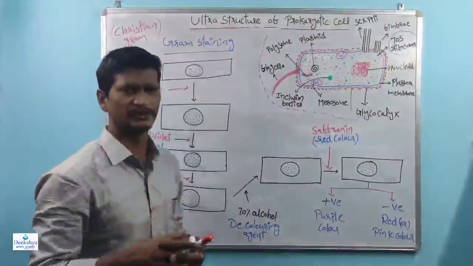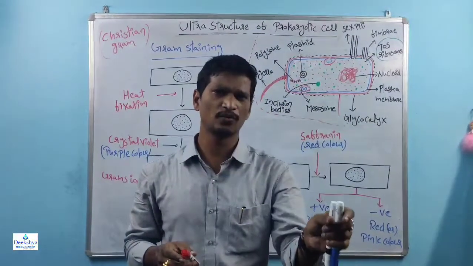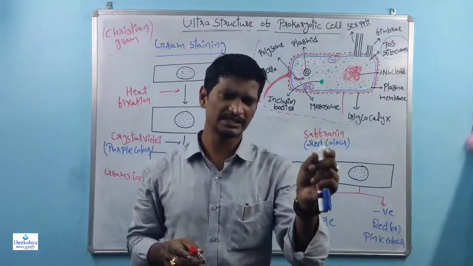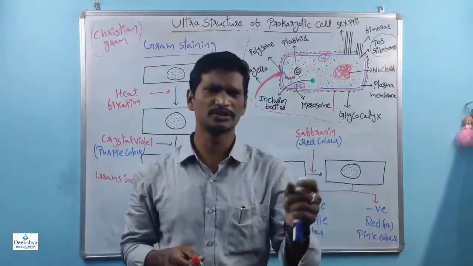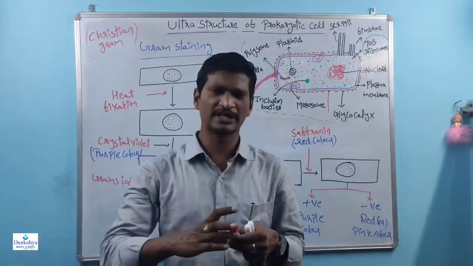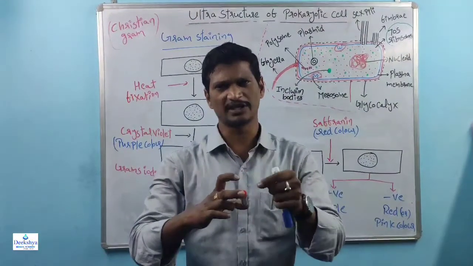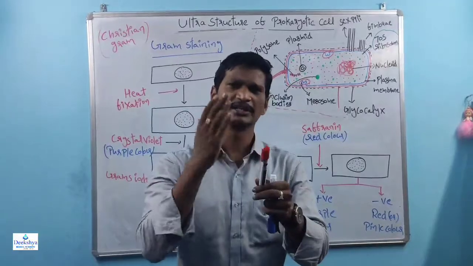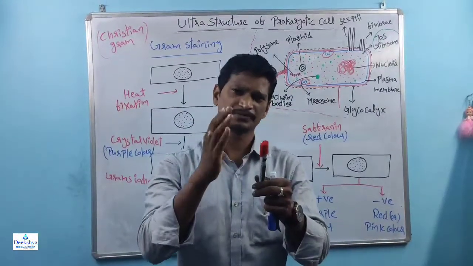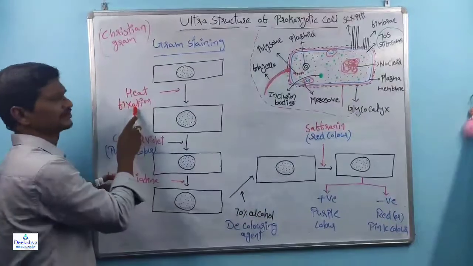Inside a laminar airflow, one of the equipment, there is a burning candle or Bunsen burner. We have taken the bacterial culture on the surface of the glass slide and spread it. When the slide is exposed to the heat, the bacterial cells attach to the slide. So that step is called heat fixation.